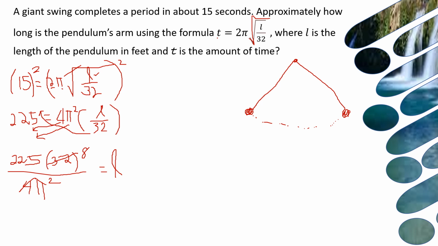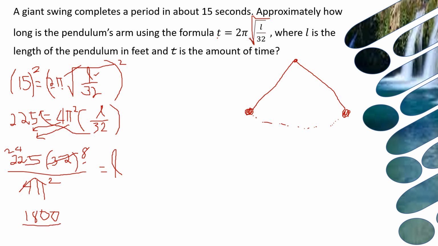We may not write 1 anymore. So we have 225 times 8 here. 2 times 8, 16 plus 4, that's 20. And carry 2. 2 times 8, 16 plus 2, that's 18.